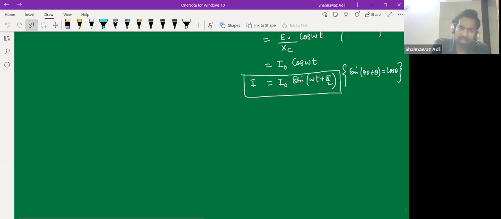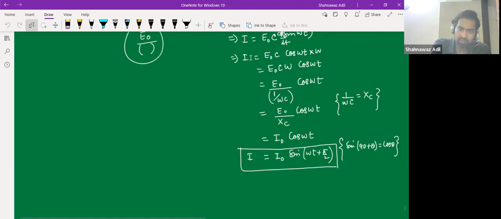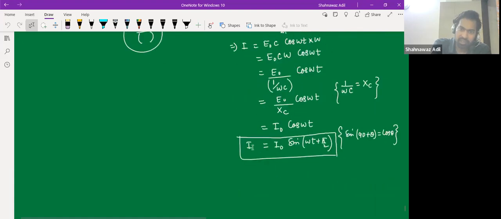So Aisha and Maria, current is lagging or leading in this expression? So the expression of EMF is this.